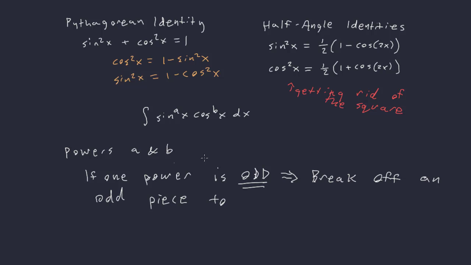as we do it. I think it's easier to just show this method with an example versus trying to explain it in words. But basically, if one power is odd, we can break an odd piece off to set up a u substitution.